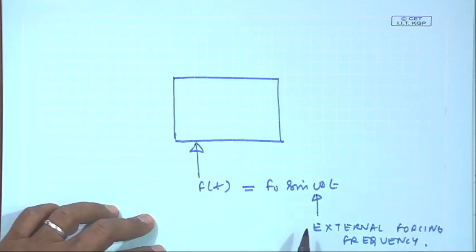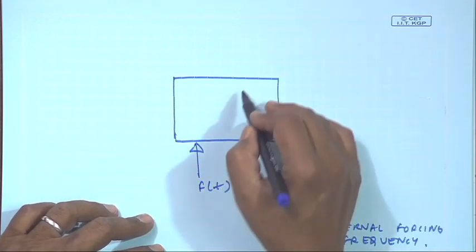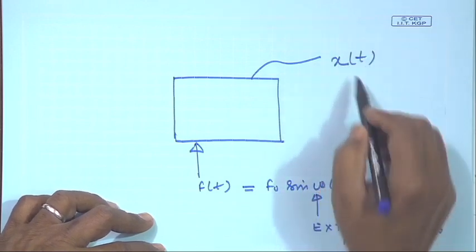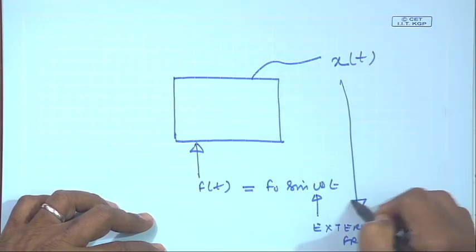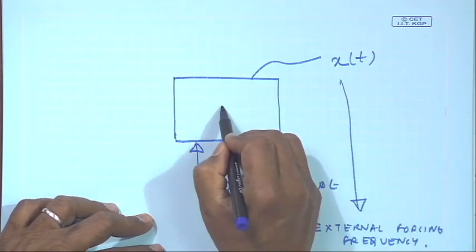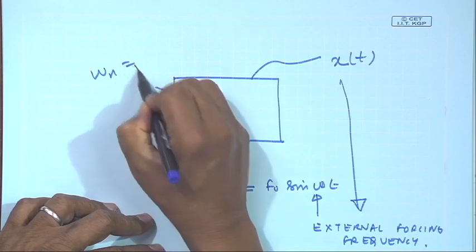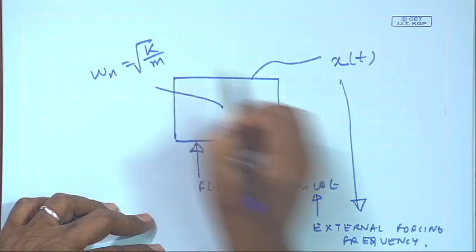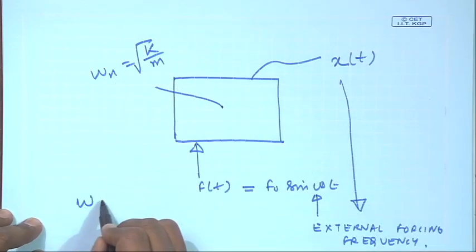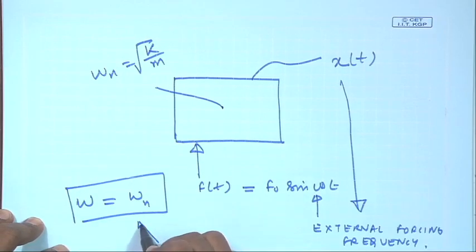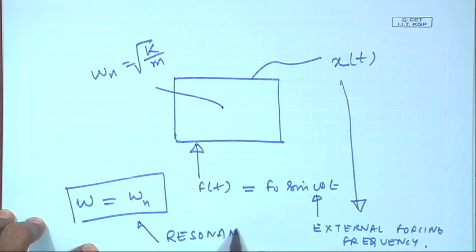Okay. So, the response will actually be at a frequency equal to omega, but this body has certain stiffness and mass, so it has a natural frequency. When the external frequency omega is equal to omega n, we will have a condition of resonance, and this has to be avoided at all.